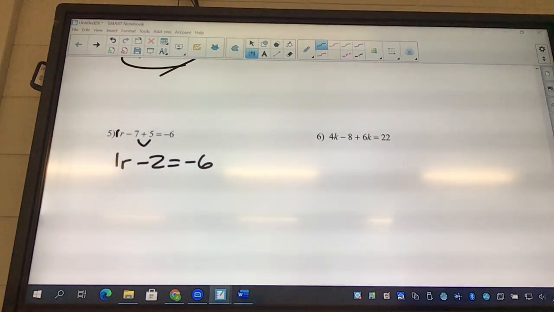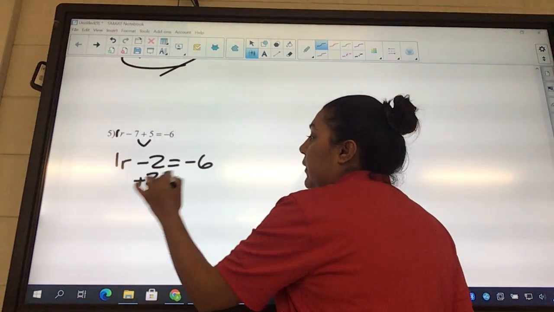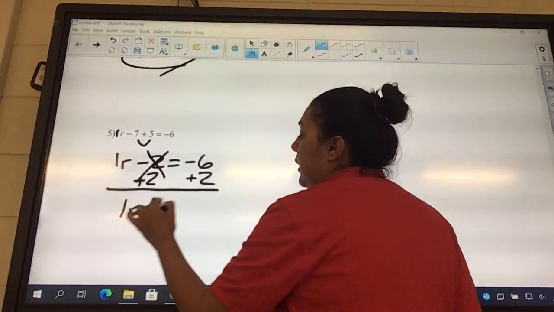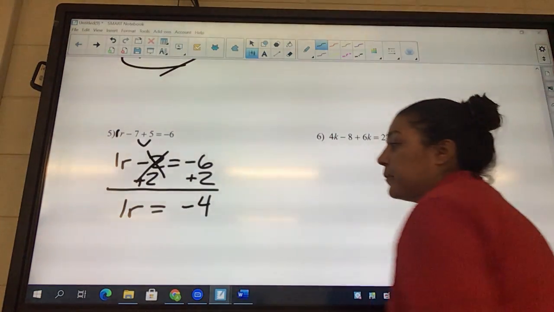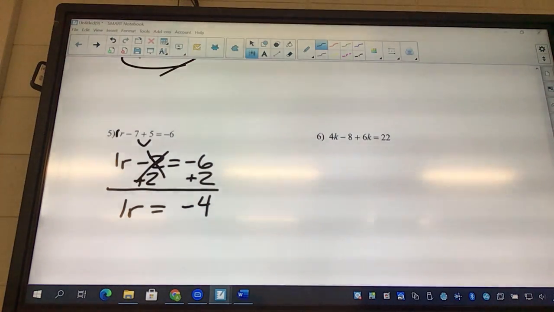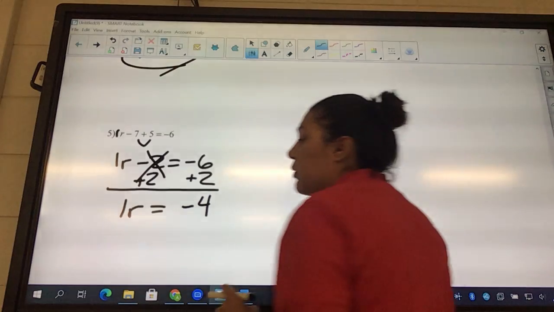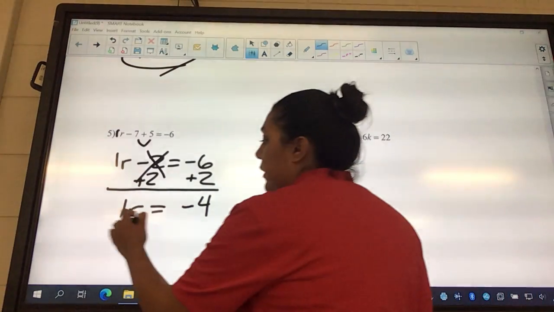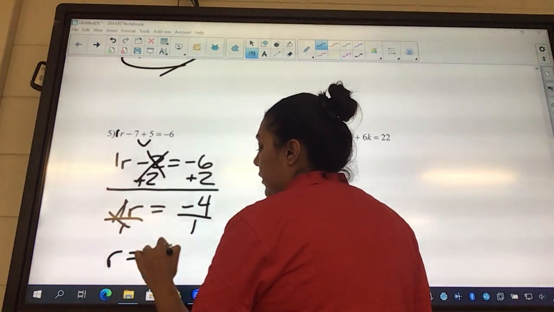We add or subtract our kid, and in this case our kid is 2, so we add 2 to both sides. I get 1R equals -6 + 2, which is -4. Our last step is always that breakup. When those two are right next to each other, that means multiply, so we need to divide. So I get R equals -4.